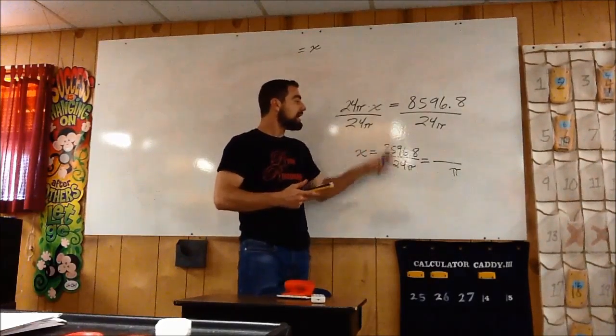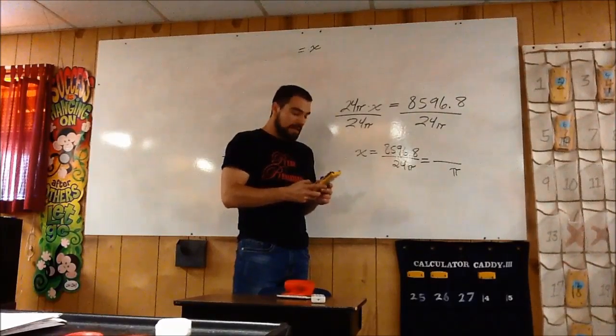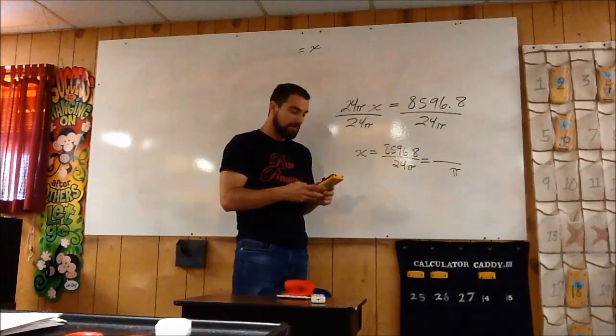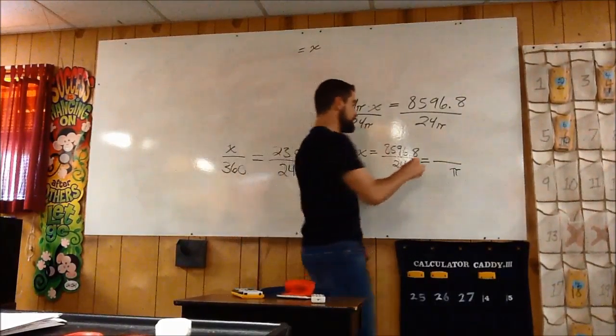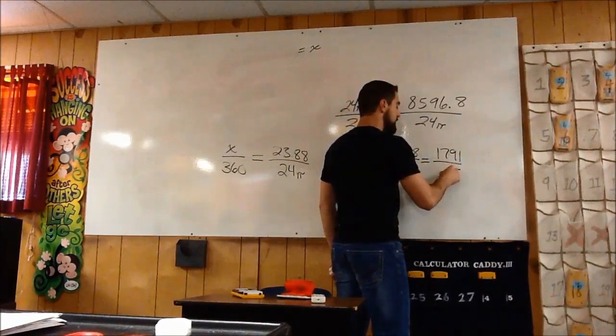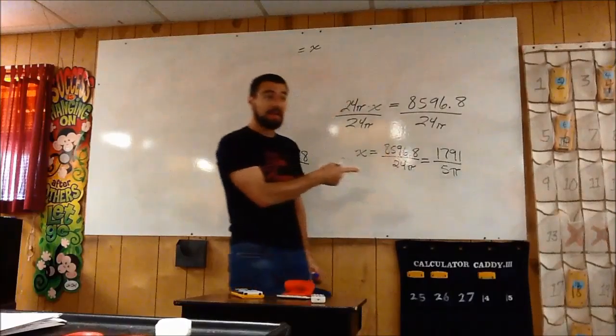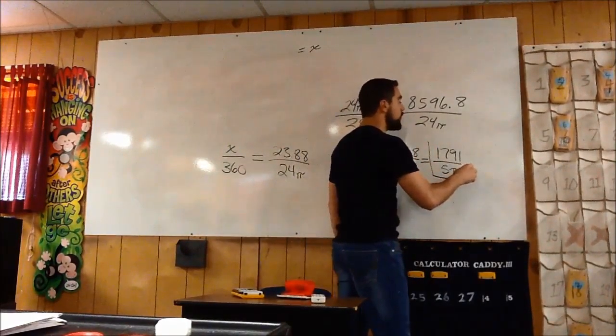Type these coefficients, these numbers, into the calculator without pi, so that we can get a prettier simplified fraction. What's my new numerator? 1,791.5. And my denominator is 5, and then we got the pi there. So this is the exact answer I want.